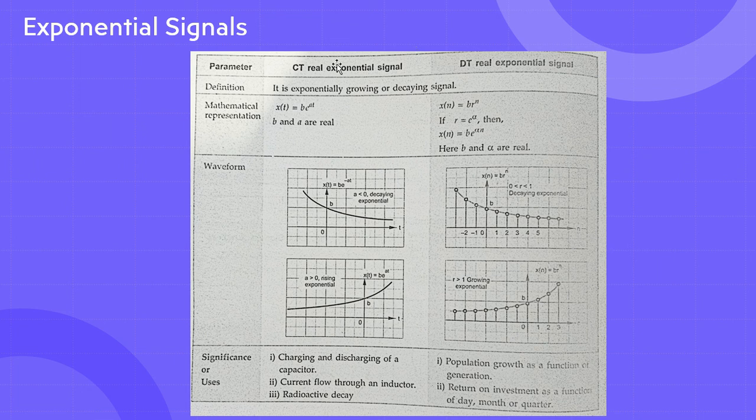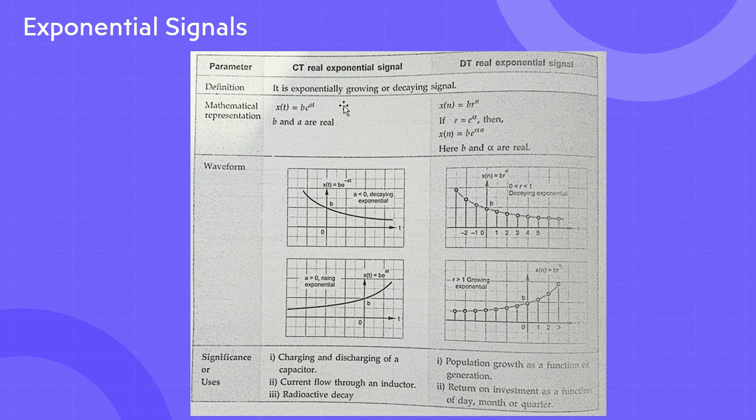So we represent it with the mathematical expression given as x of t is equals to b e raised to a into t, and here both b and a will be real values. Now what will happen if the value of my a is less than 0?